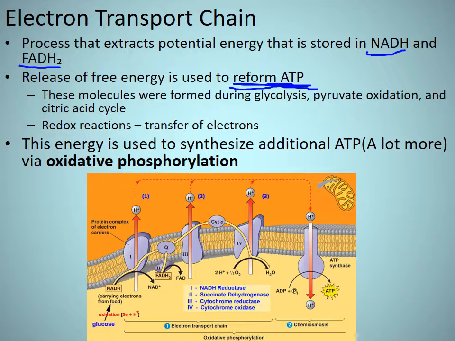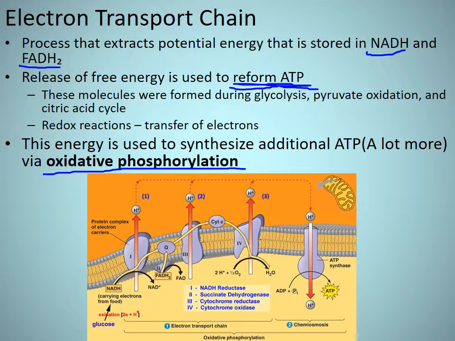We will discuss two processes that occur as a result of the electron transport chain: oxidative phosphorylation and chemiosmosis. Oxidative phosphorylation is essentially just the transfer of electrons through a series of enzyme catalyzed reactions here.